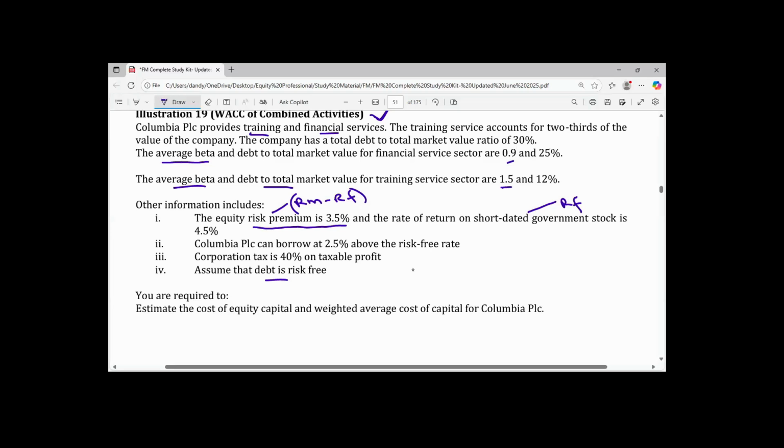Debt to total market value is the same thing as debt equity ratio, that is proportion of debt to the total market value. For financial service, the debt ratio is 25%. If debt is 25%, it means equity is 75%. For training service, if debt is 12%, then equity is 88%. So all these are the information given to you. Without wasting time, let's go ahead and solve this quickly.